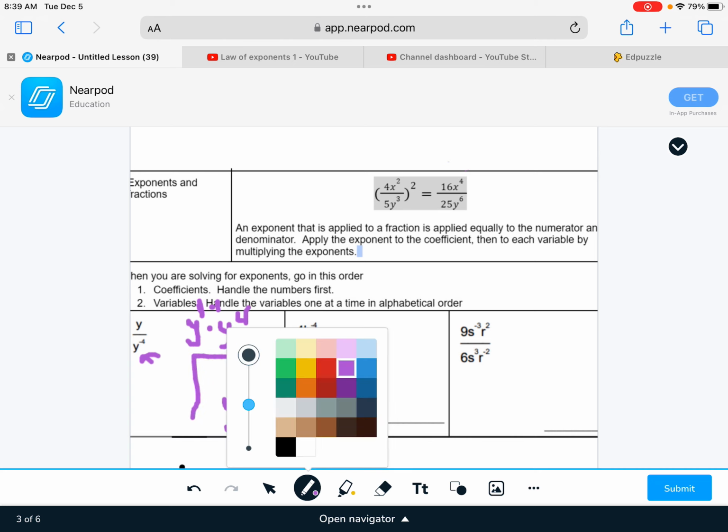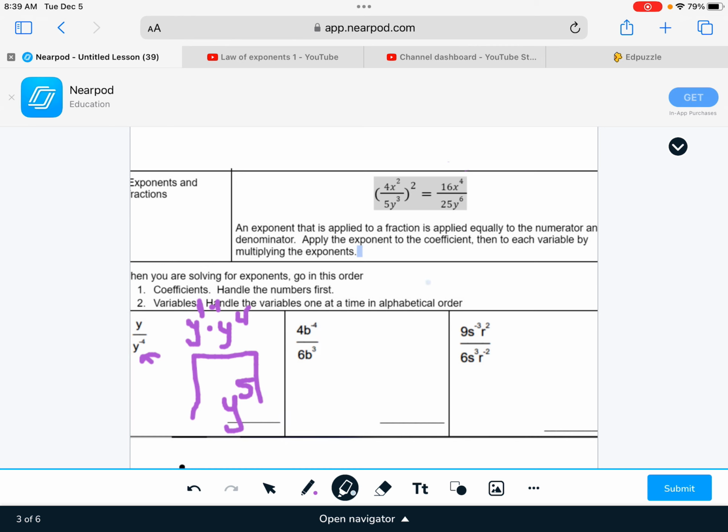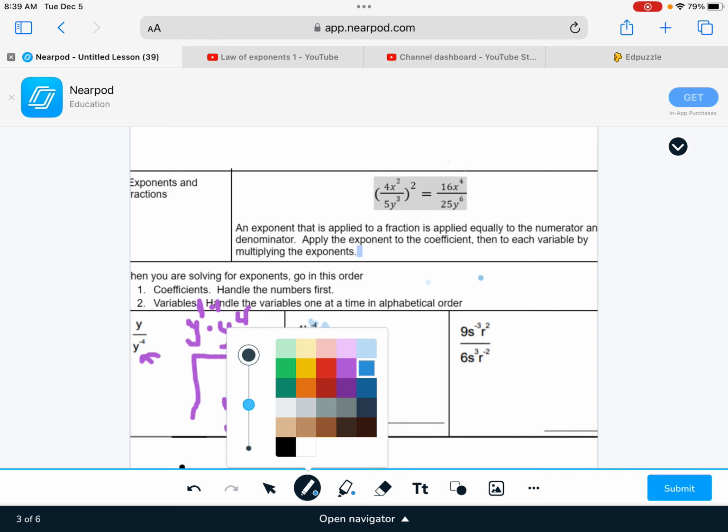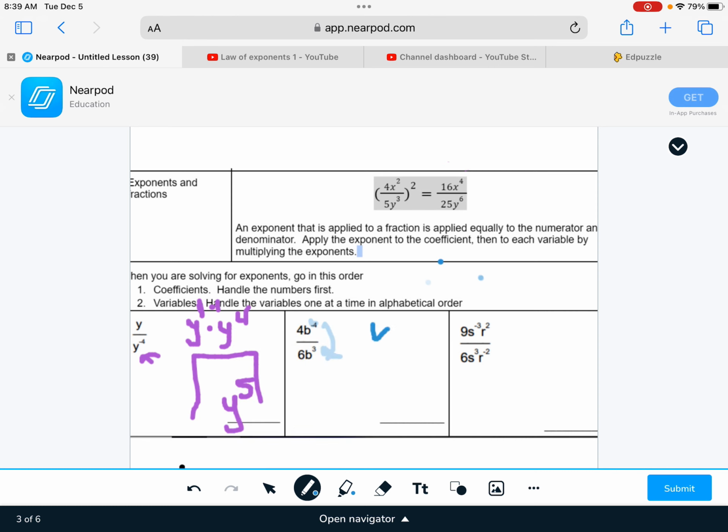On this fraction on the right side, we pay a little bit more careful attention because I see that -4 right here. When that -4 happens, it swings from top to bottom. And when I get that, I get 4 over 6 b to the 3rd times b to the 4.